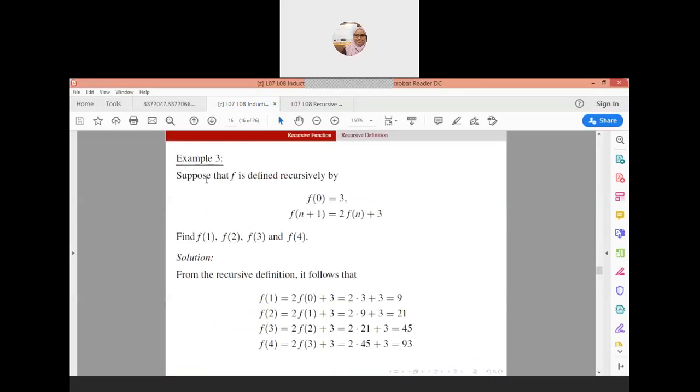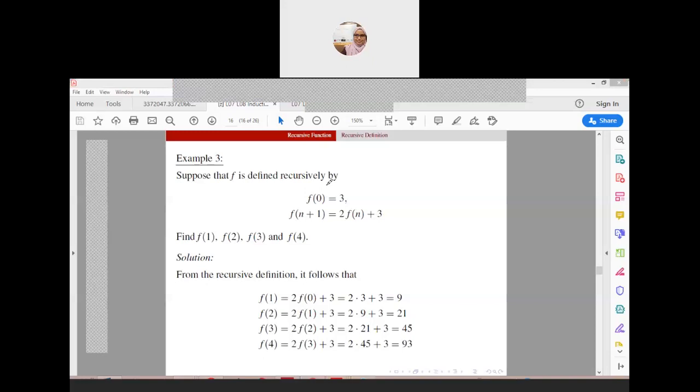Example 3. Suppose that f is defined recursively by f(0) equals 3, then f(n+1) equals 2f(n) plus 3. This is what we call the basis step, and this is what we call the recursive step. How can we get the set of function values by using the basis step and the recursive step?